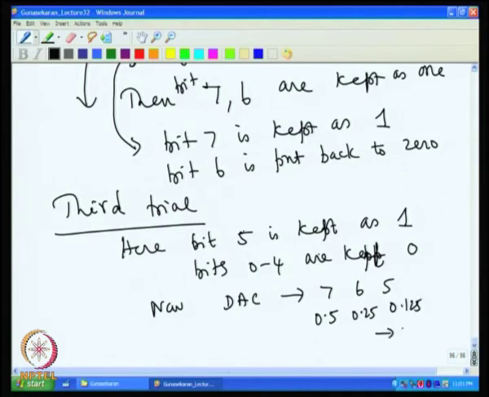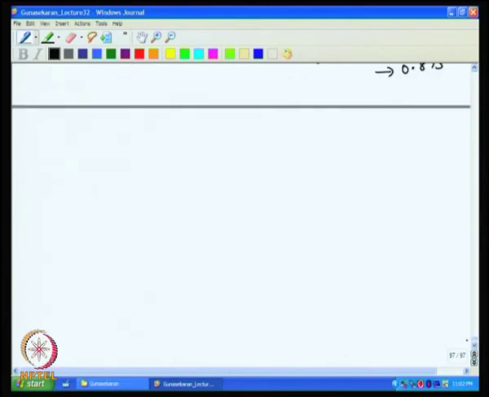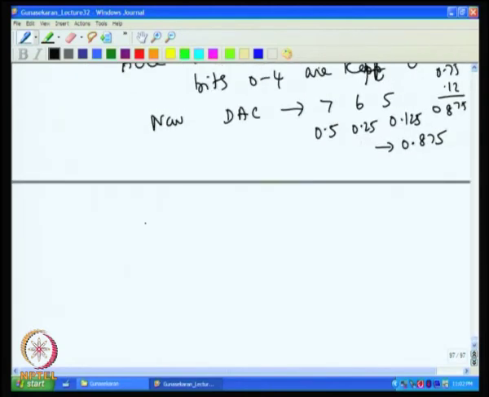So this would be 0.75 plus 0.125, that will be 0.875. If 6 had been kept high, then the DAC will respond by putting 0.85.